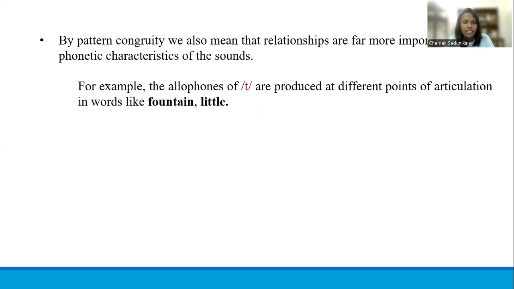For this reason, they ought not to be considered allophones of a dental stop; they are phonetically similar to a glottal stop. Then we will see how pattern congruity occurs in obstruent clusters.